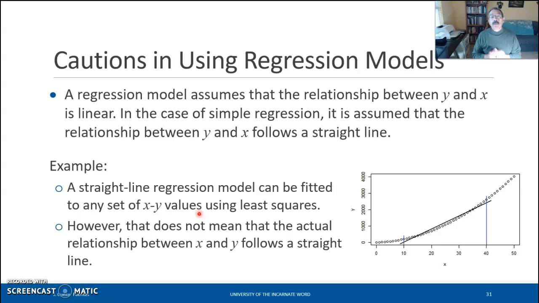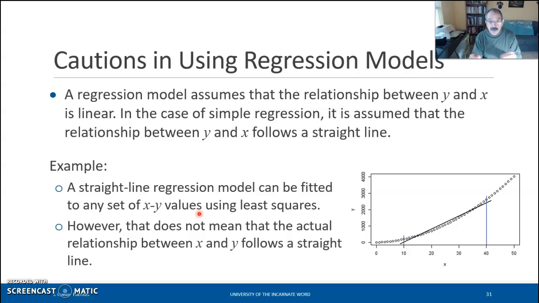Now be careful when you use regression. Regression is known to be one of the most used tools, but one of the most abused tools in practice. When you're fitting a simple regression model, you're making the assumption that the relationship between y and x is linear.